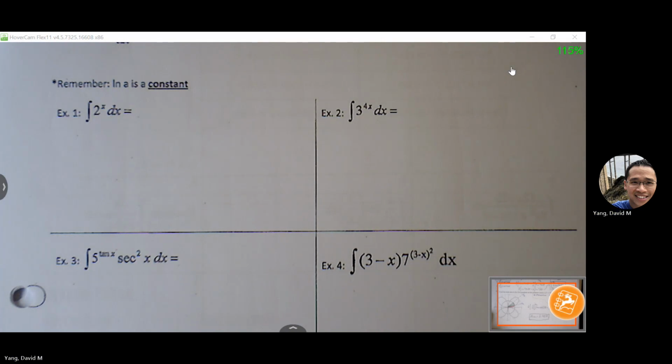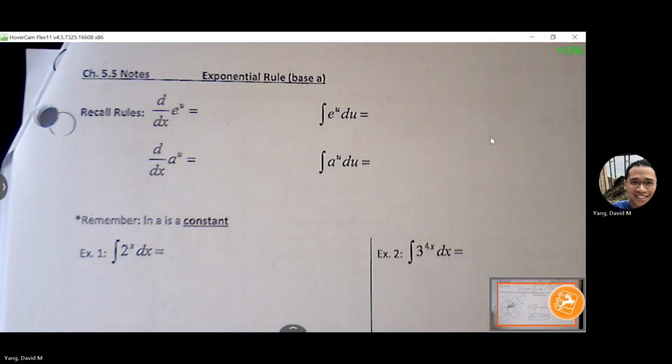So let's recall some of the derivative rules from first semester, and then see how they connect with these antiderivative rules, since we're kind of just working backwards. We know that the derivative of e to the u is e to the u times u prime.